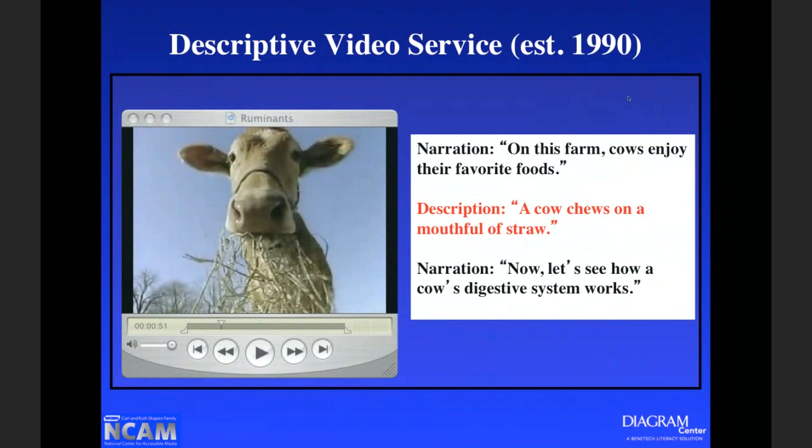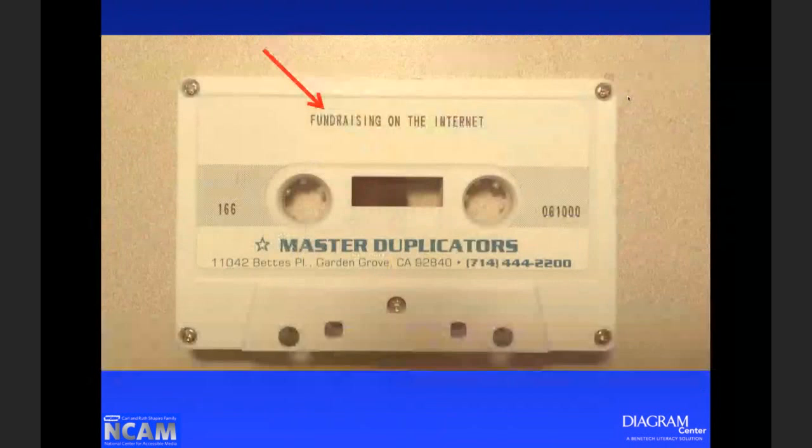And this is called Descriptive Video Service, and it is an added track of audio narration added to a television show or a film that describes the key visual elements of a program, such as the costumes or the action or the scenery, so that nothing is lost, and that audio is inserted in between lines of dialogue so it doesn't disturb the flow of the program. And those are two important services that we've provided for many decades and continue to provide.